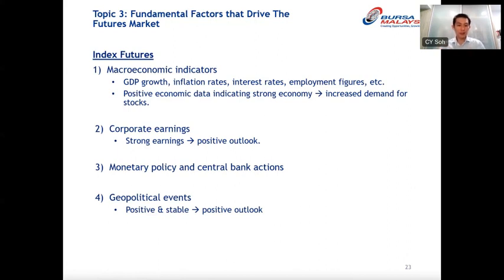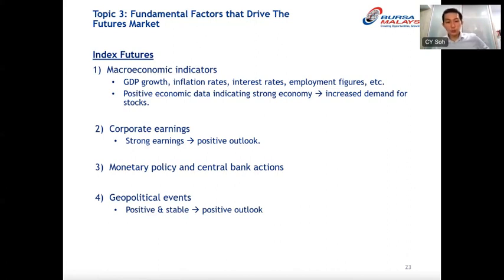So again, it is quite related to the first factor, which is the macroeconomic indicators. Strong earnings results and positive outlooks from companies within the index can actually drive the index futures higher, while weak earnings or negative outlook can actually drive the index lower.